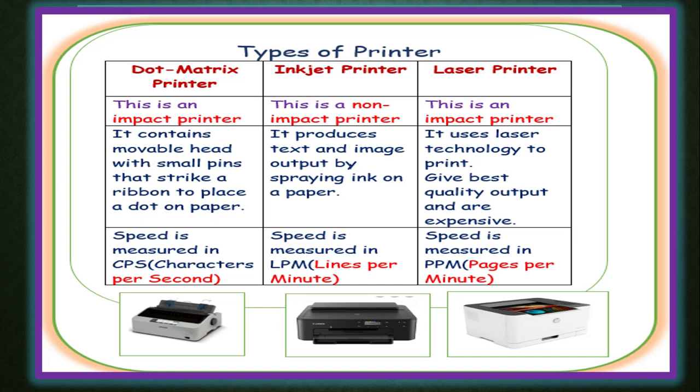If we compare the quality of the output produced by the laser printer with other printers, it produces the best quality, but it is expensive. Speed is measured in ppm. ppm means pages per minute. Laser printers are much faster in speed as compared to other printers.